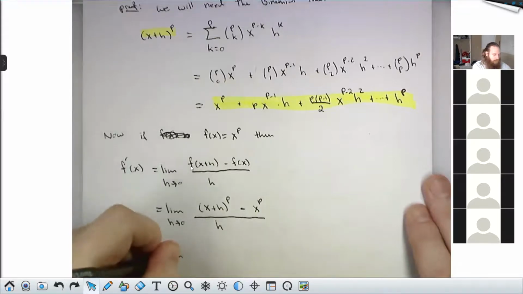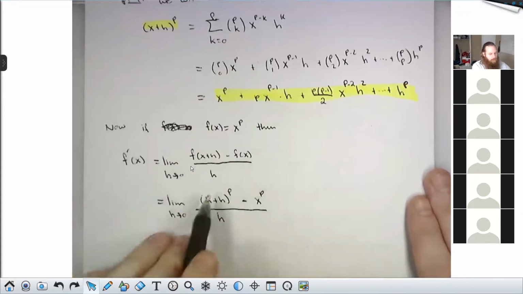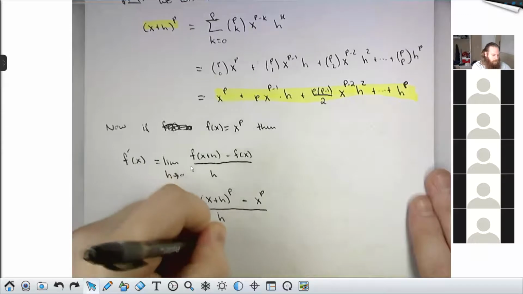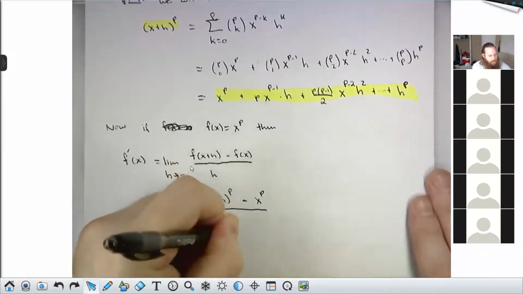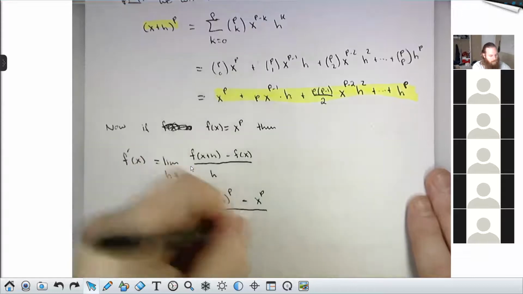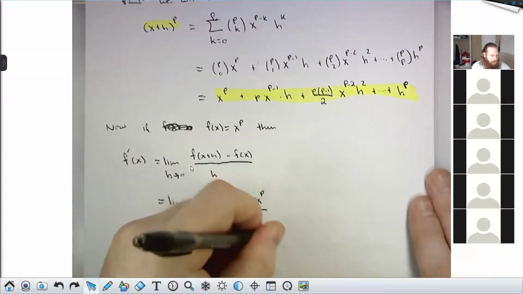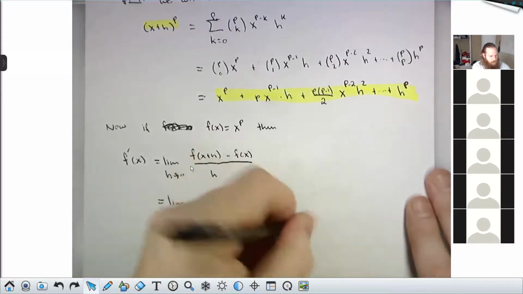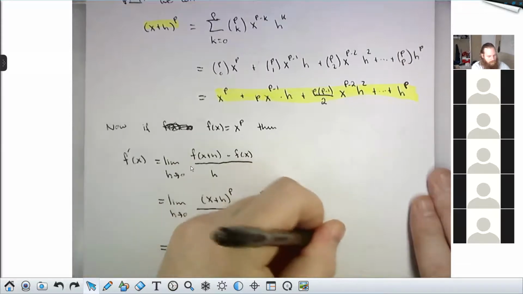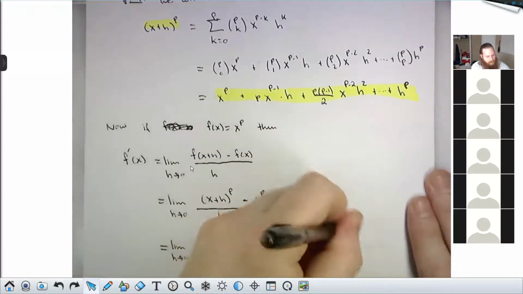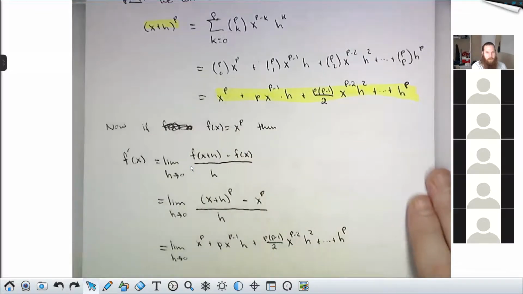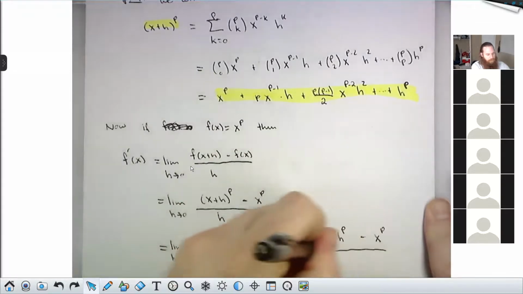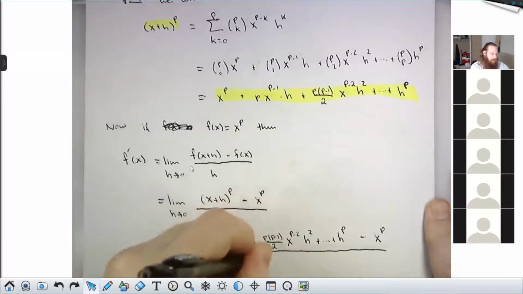This will be the limit as h goes to 0 of x plus h all to the p, which is x to the p plus p times x to the p minus 1 h plus p times p minus 1 over 2 x to the p minus 2 h squared plus lower order terms down to h to the p. From this, we subtract still x to the p, and all of this being divided still by h.